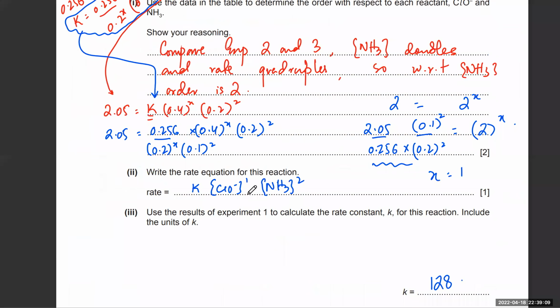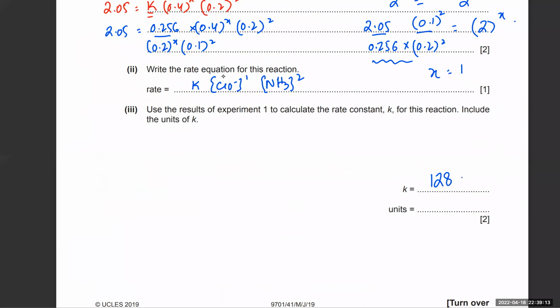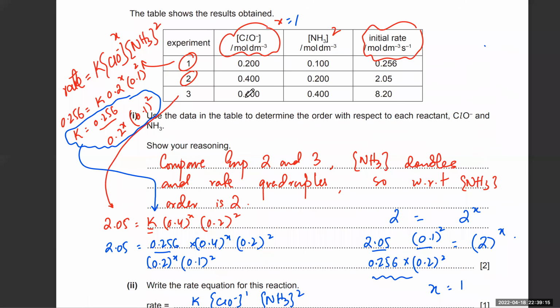And they're also looking for the unit as well. So K would be, use the units that are given in the table. Because a lot of times, the unit is not mole per dm cube, because it's any change with respect to time, right? So over here, you're measuring the concentration change with respect to time, but it could be any change. It could be a volume change. So make sure you use the units that are given in the table.